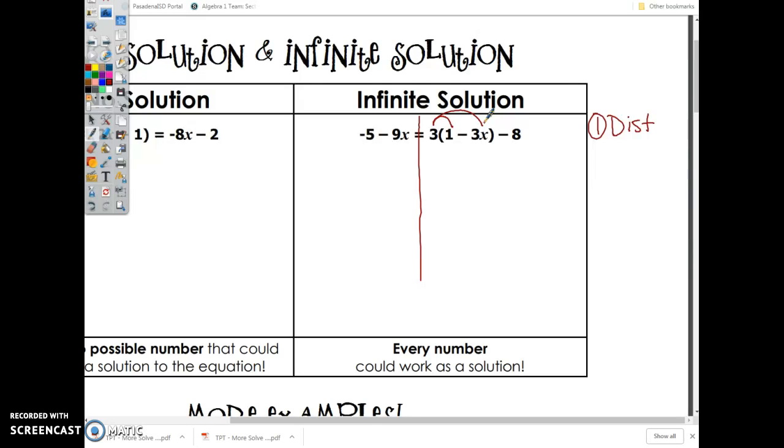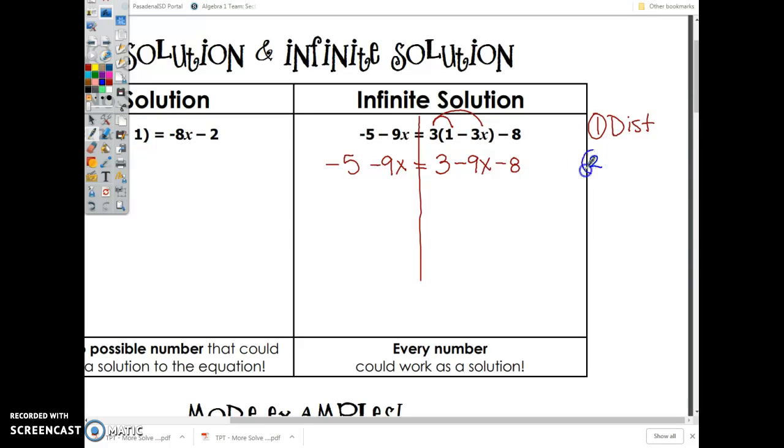What is 3 times 1? 3. What is 3 times -3x? -9x. Is there anything else for me to distribute? No. Bring everything else down. So the -8 comes down, equal to comes down, -5 minus 9x comes down.